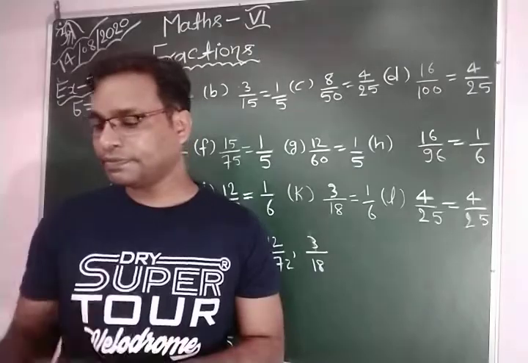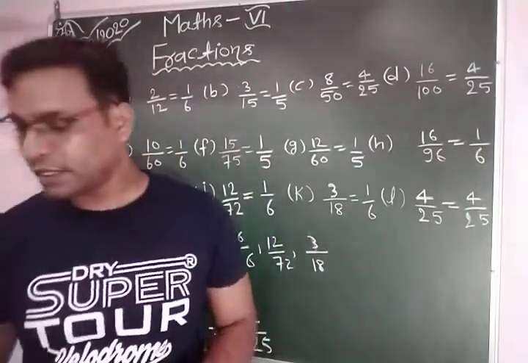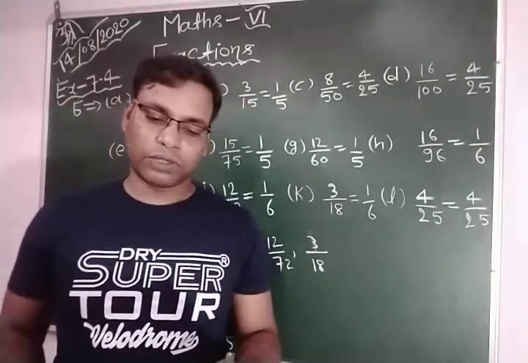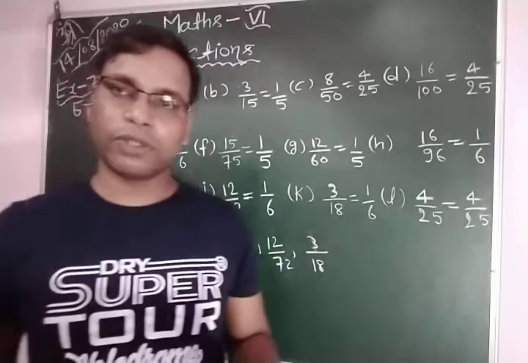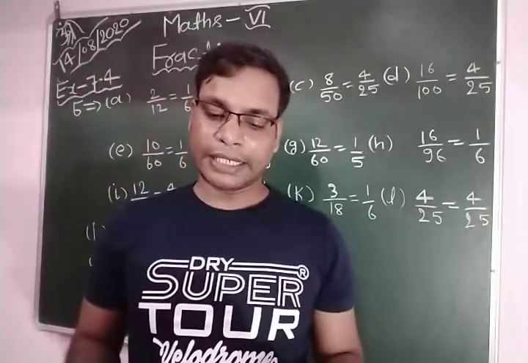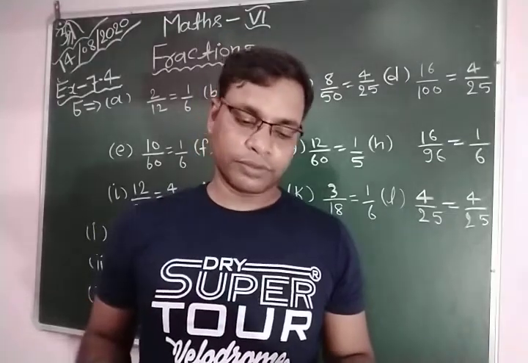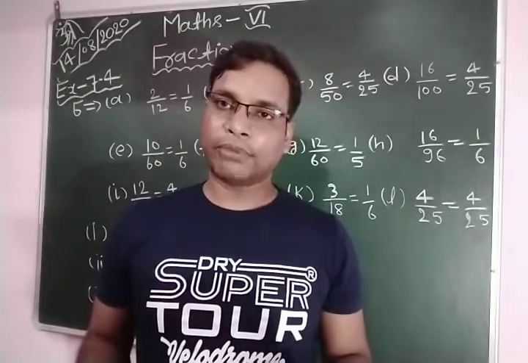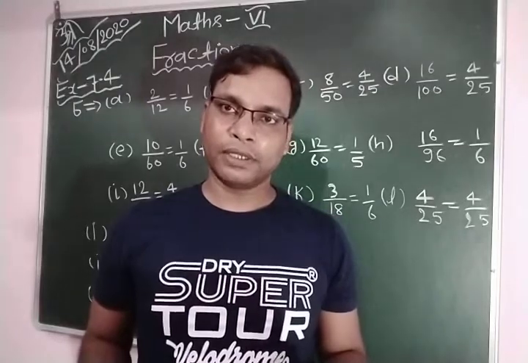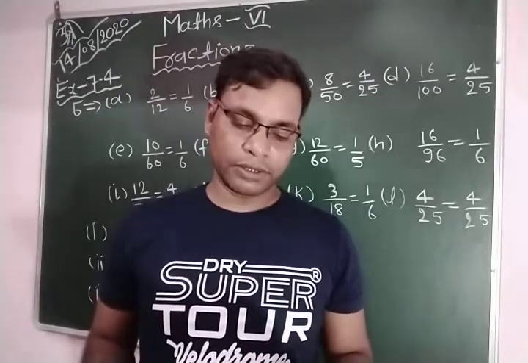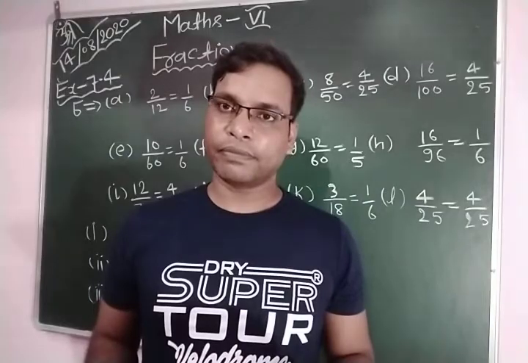Question 7 says, find the answer to the following. Write and indicate how you solve them. Okay. So part A of question number 7 is 5 by 9 equal to 4 by 5.